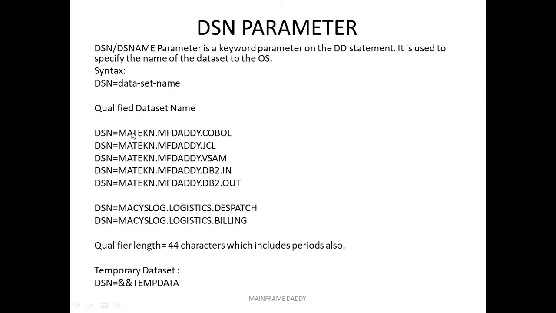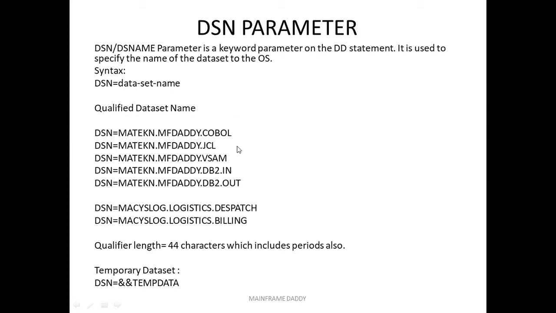The first qualifier may be your project name, and the second qualifier may be your group or a specific department, like billing or logistics or any subgroup. Madekn is one group, and mfdaddy is one group. Within that, cobol is another group, a subgroup.